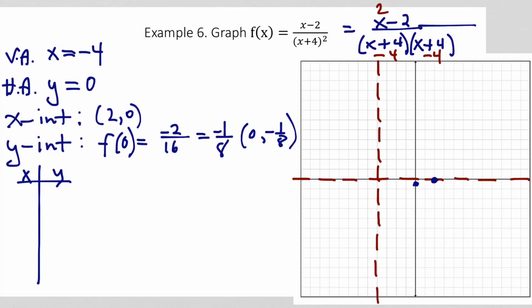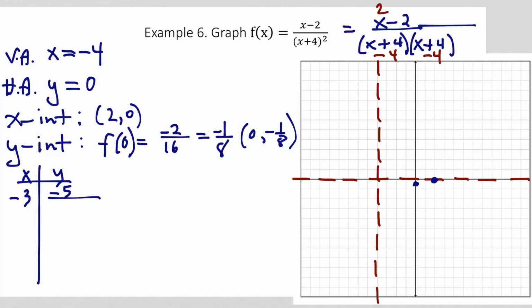All right, so first I'm going to try a point. Let's try negative 3 and see where the graph lies close to the vertical asymptote. So I'm selecting points that are going to help me decide where to draw my graph. So I've got negative 3. If I plug it in, I've got negative 3 minus 2 in the numerator, and I've got negative 3 plus 4.